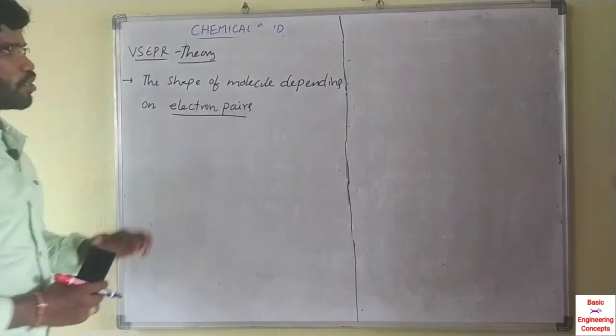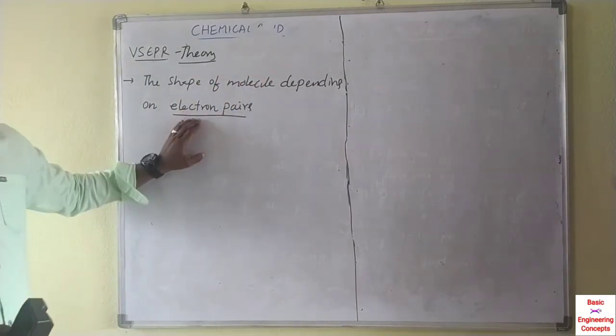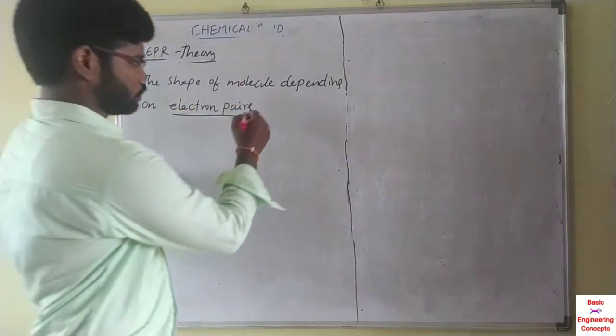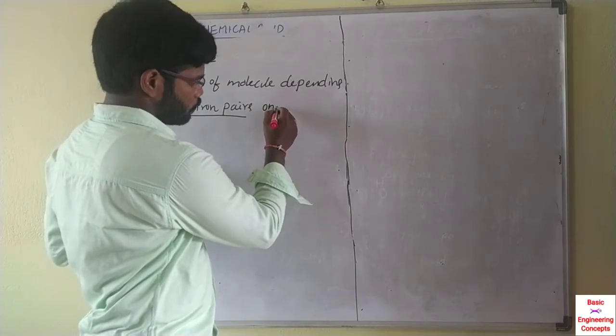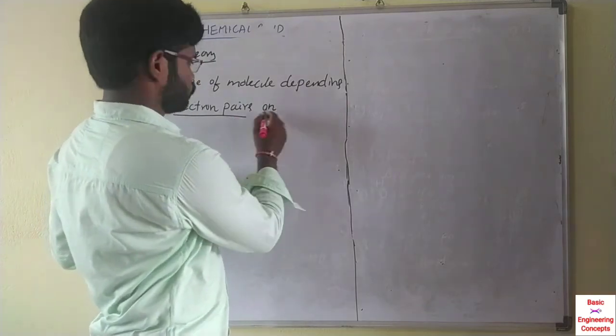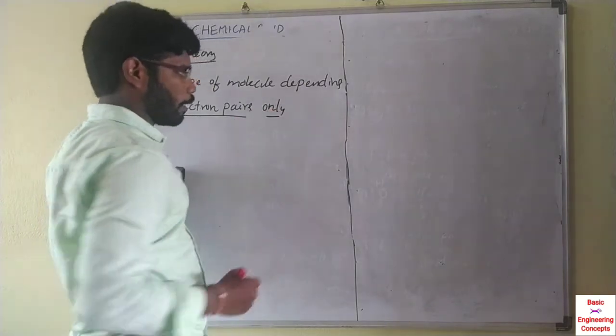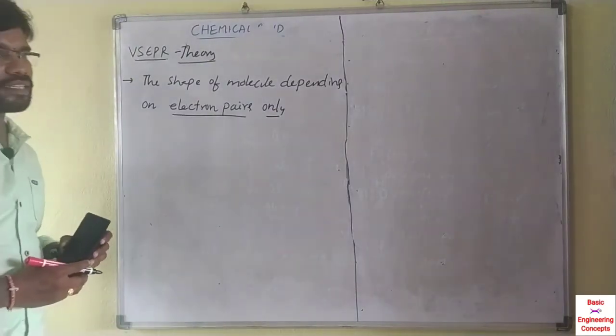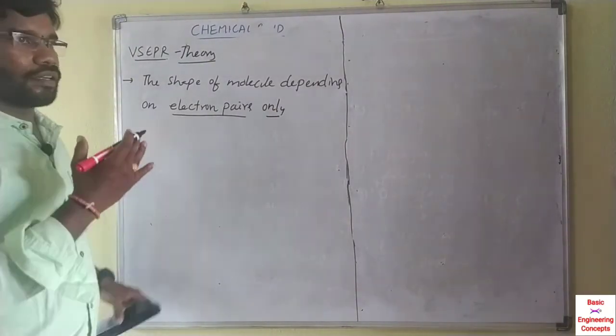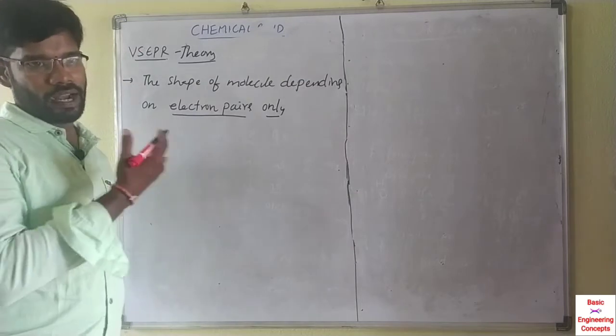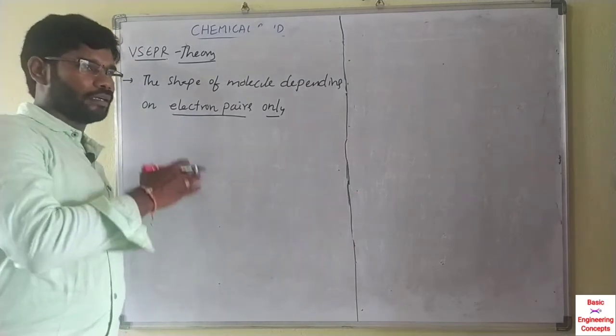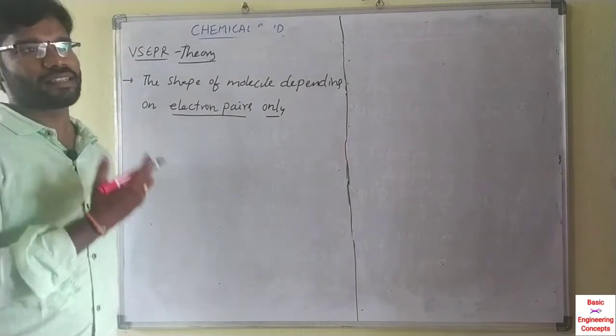Observe that the shape of a molecule depends on electron pairs only, not on bond pairs, not on unpaired electrons. If the central atom has both bond pairs and lone pairs, then some repulsions are there.